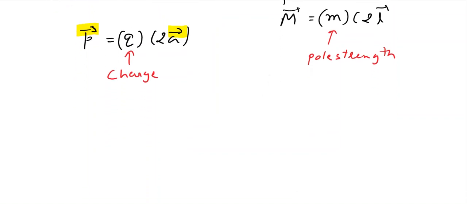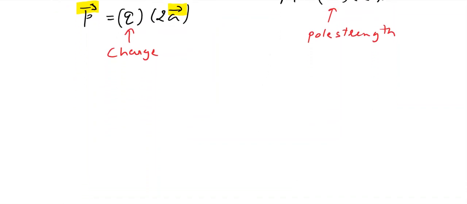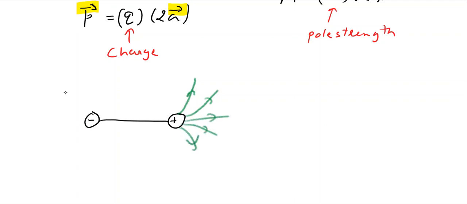How do we describe electric field of electric dipole? So we say that in case of electric dipole, we have field lines coming out from positive charge and field lines enter into negative charge. So I can describe electric dipole like this. This is how we describe electric field of electric dipole.